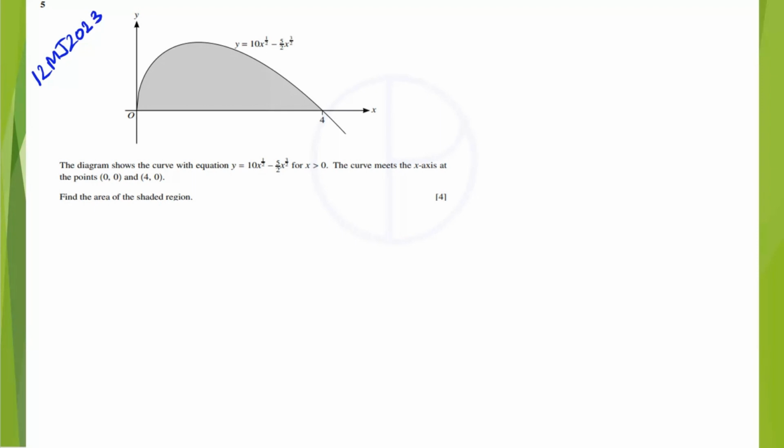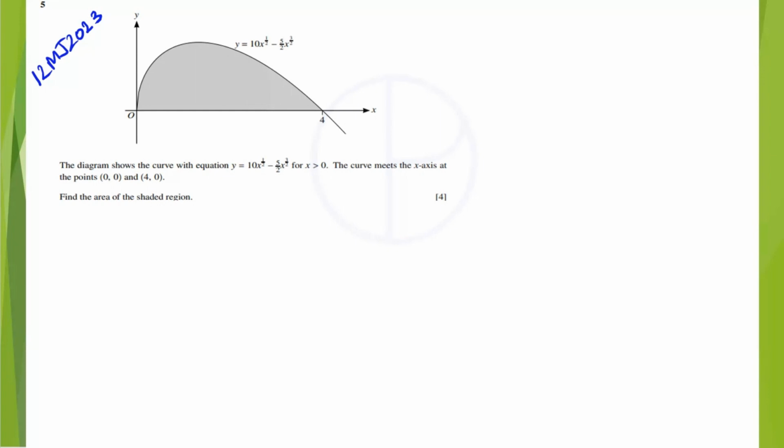The diagram shows the curve with the equation y is equal to 10 x power 1 over 2 minus 5 over 2 x power 3 over 2 for x greater than 0. The curve meets the x-axis at the point (0, 0) and (4, 0). Find the area of the shaded region.